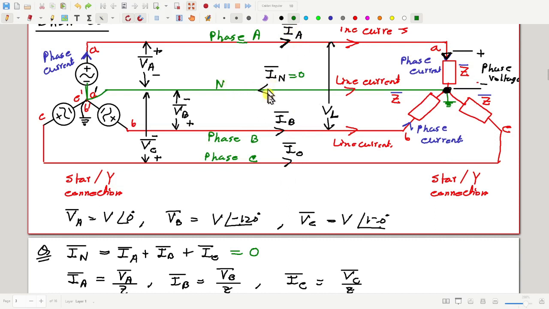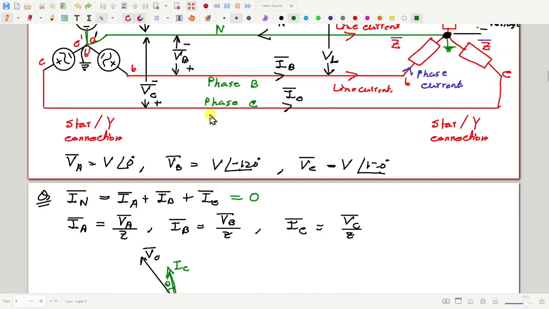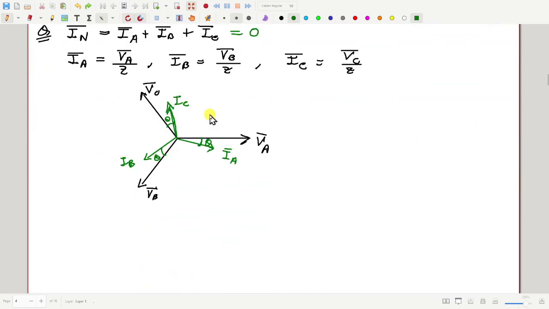Compared to that, the neutral line may be much thinner. And even if you put the neutral line, only 4 lines are enough compared to the 6 lines required for 3 separate supplies.